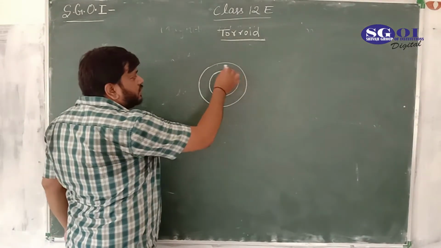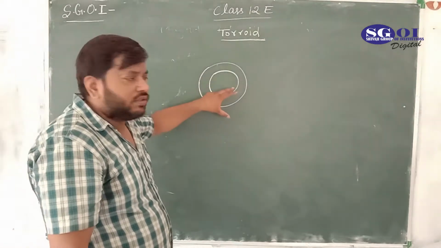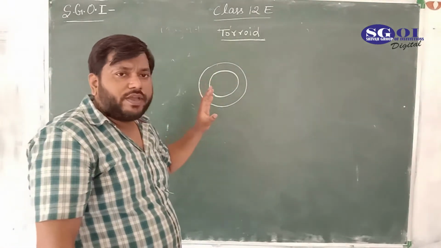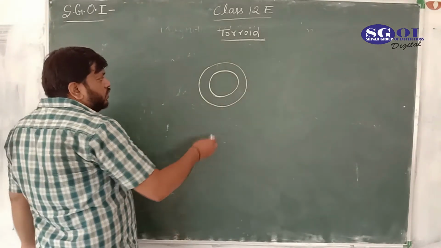In between these two concentric circles, the space is either hollow, air or vacuum, or it could be a magnetic material also.